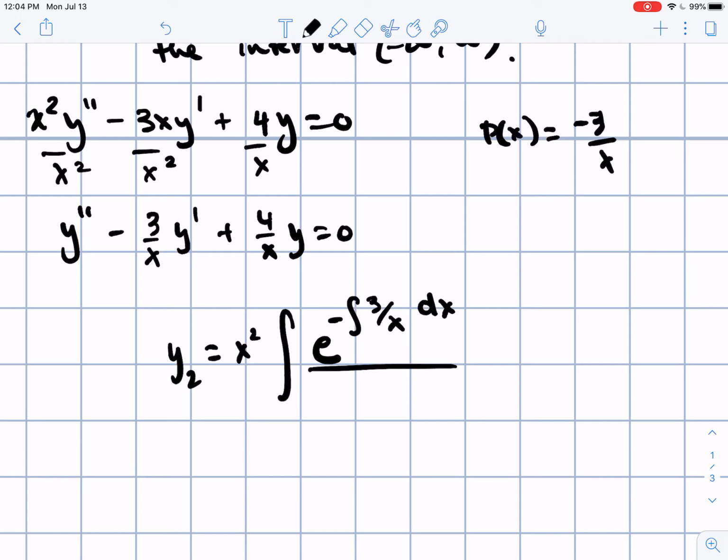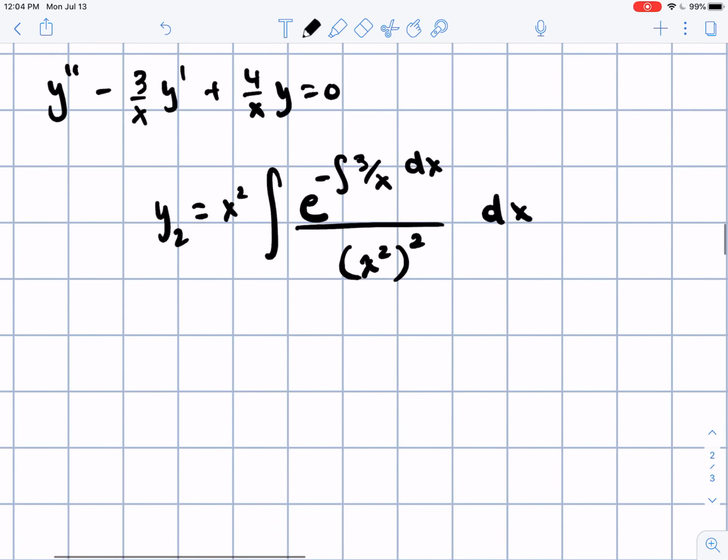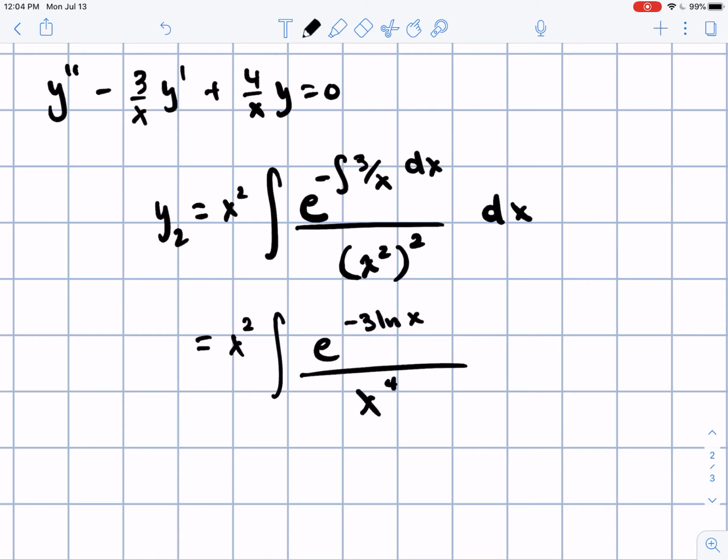So y1 was x squared, and we are squaring that and then doing our integral this way. Okay, so we wind up getting the integral of 3 over x is just going to be 3 ln x, so you get negative 3 ln x over x to the 4th dx.